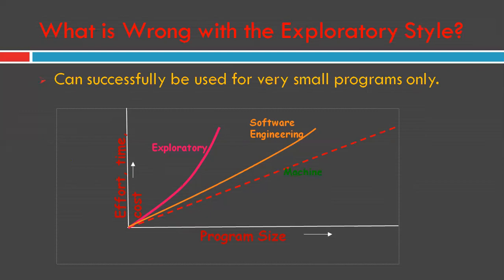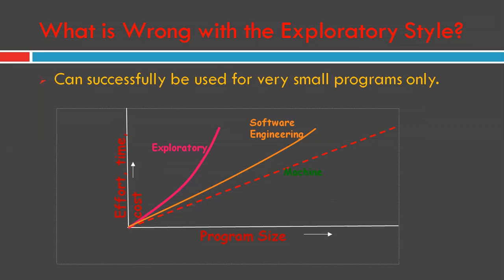For example, a program of size 1000 lines of code has some complexity, but a program with 10,000 lines is not just 10 times more difficult to develop, but may turn out to be 100 times more difficult unless software engineering principles are used. So in such situations, software engineering techniques come to the rescue.